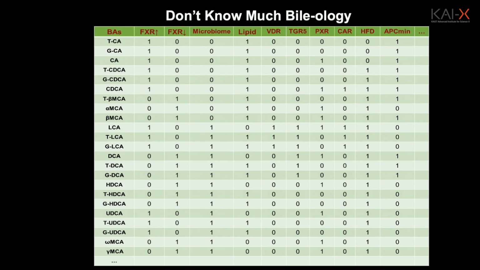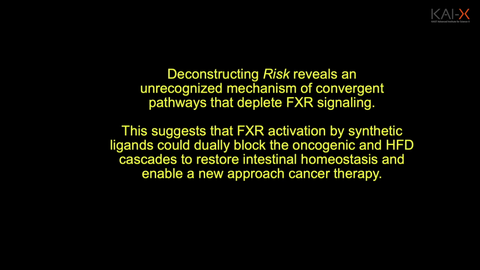And keep in mind the networks that are controlled transcriptionally in target cells throughout the body are enormous. And that means that the way that you achieve this benefit is because of FXR and its distribution throughout the body. So deconstructing risk reveals an unrecognized mechanism of convergent pathways that deplete FXR signaling.